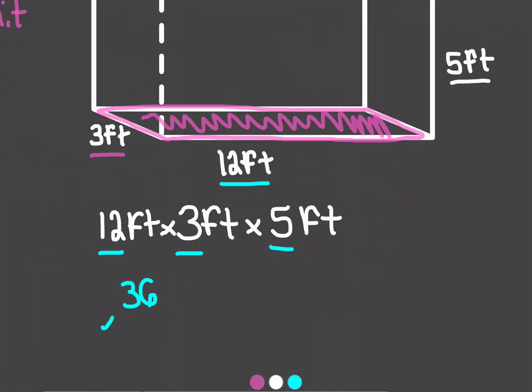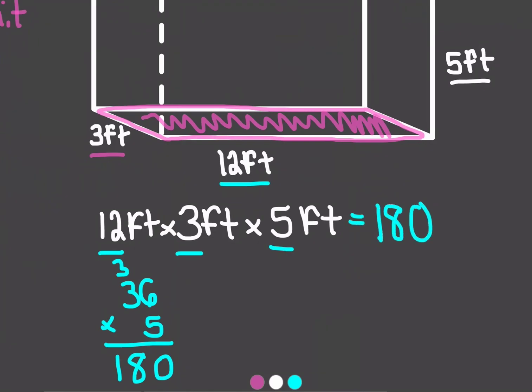Now I got to figure out what 36 times 5 is. 5 times 6 is 30. 5 times 3 is 15 plus 3 is 18. So that means it is 180 feet. The question is how many feet? Well, I multiplied feet 1, 2, 3 times, so it is feet cubed.